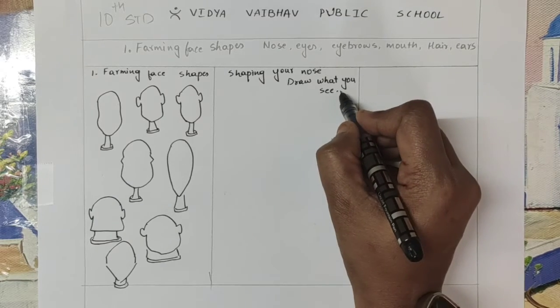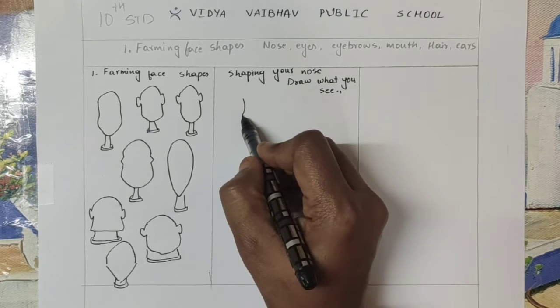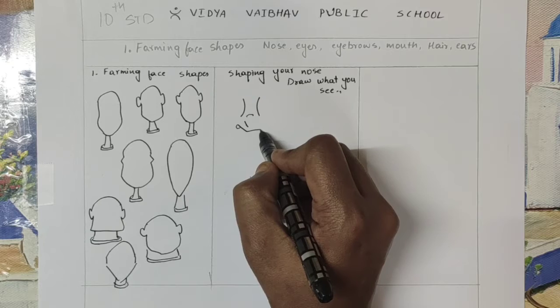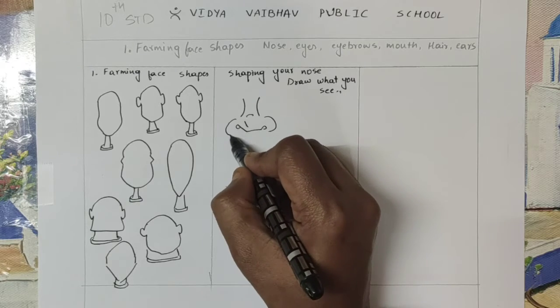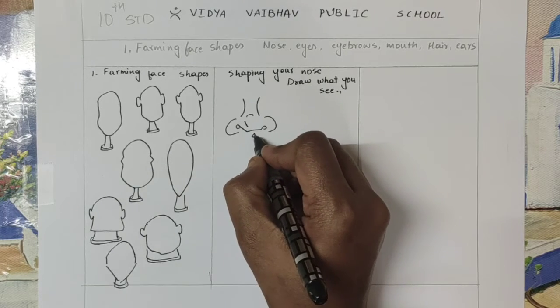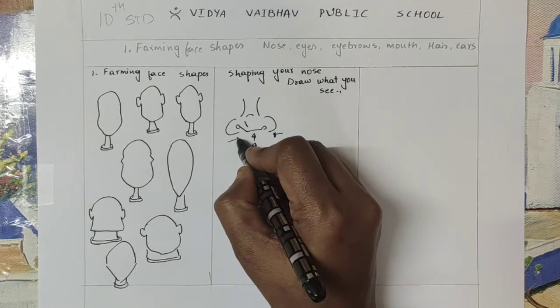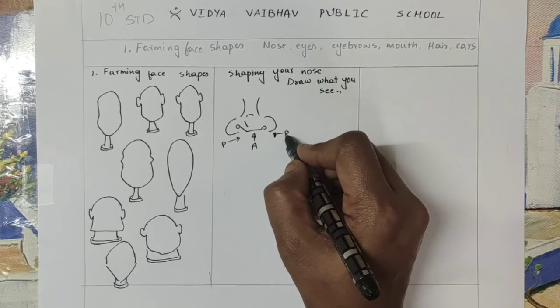Okay. So now, for example, if I am drawing a nose, here this will be the anchor and these two ends will be the pivot points.